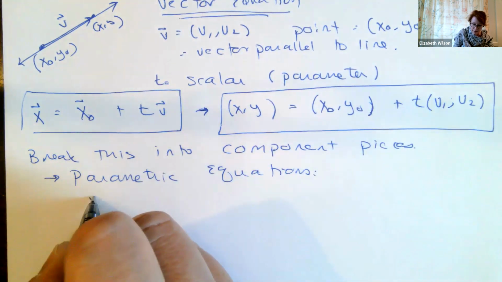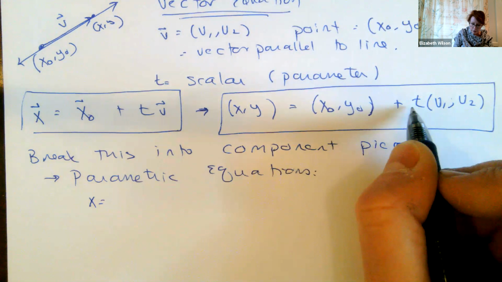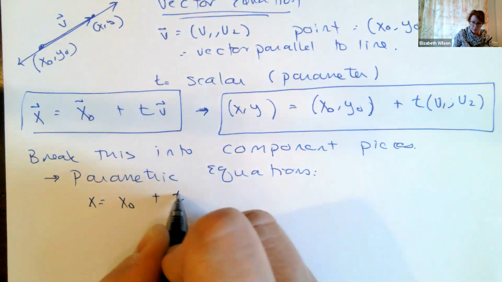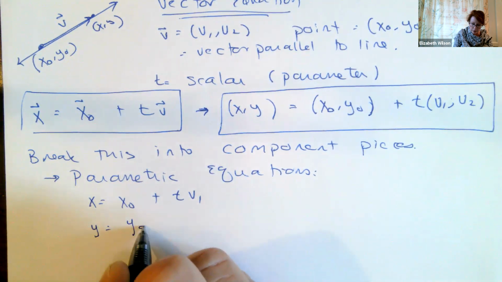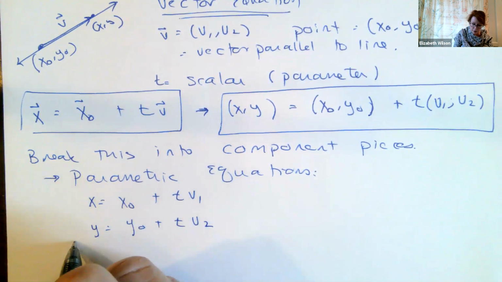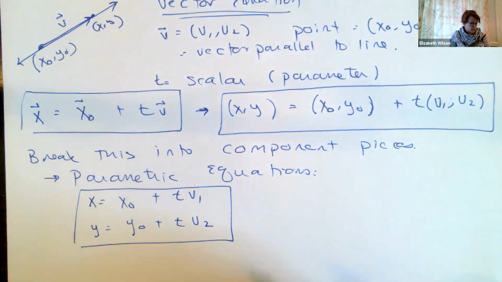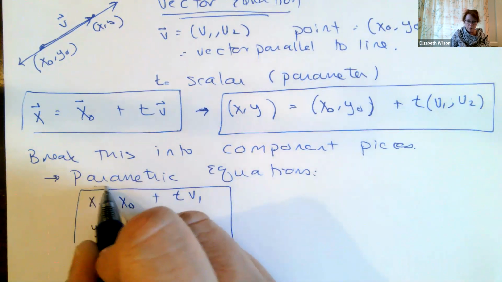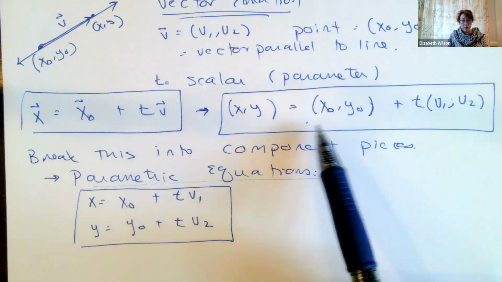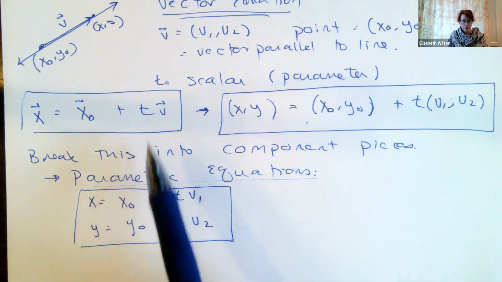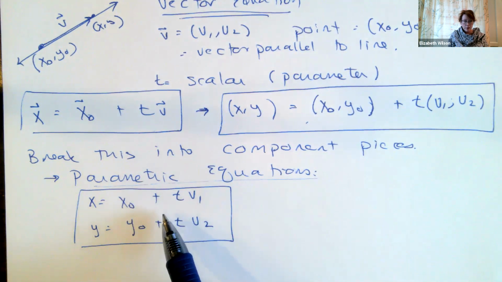I'm going to get x equals all just my x components, x naught plus t times v1. Now I'm going to do y naught plus t times v2. This is a parametric representation of our line. Okay, so this is what we call a parametric equation. This is also a parametric equation too. It's all together, but we consider it as a vector representation. Breaking it into component pieces.